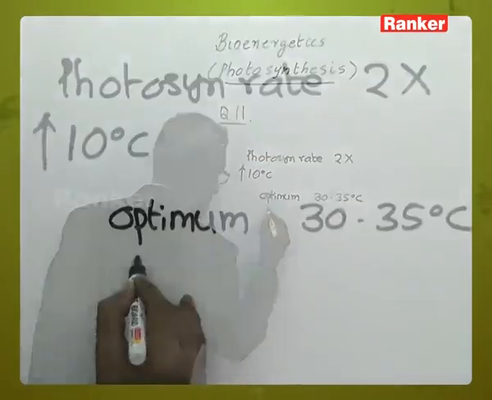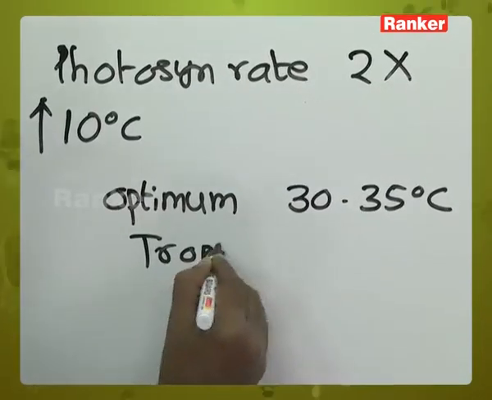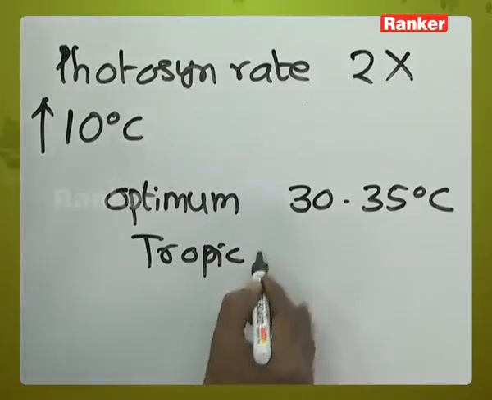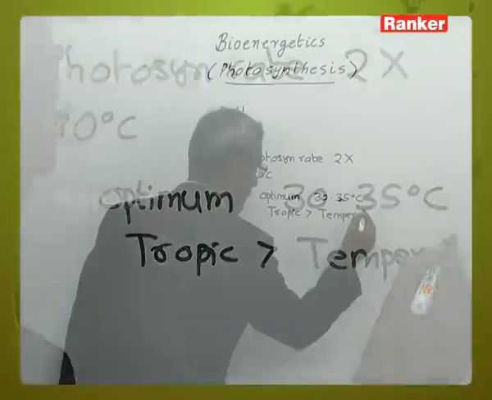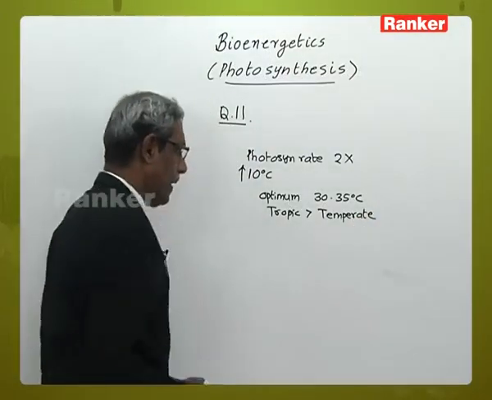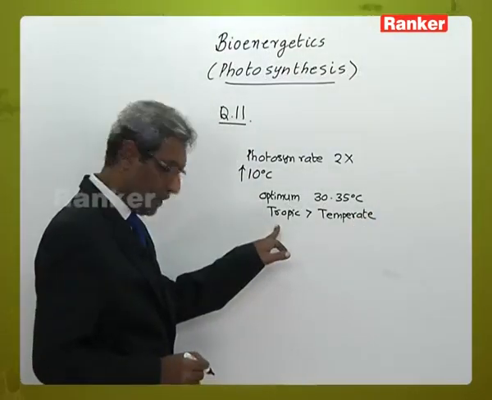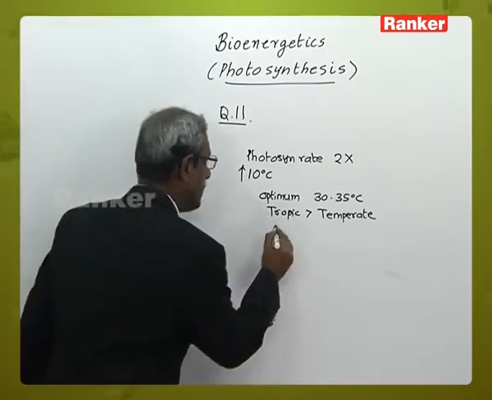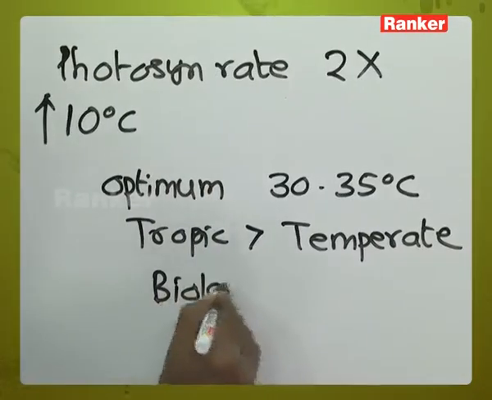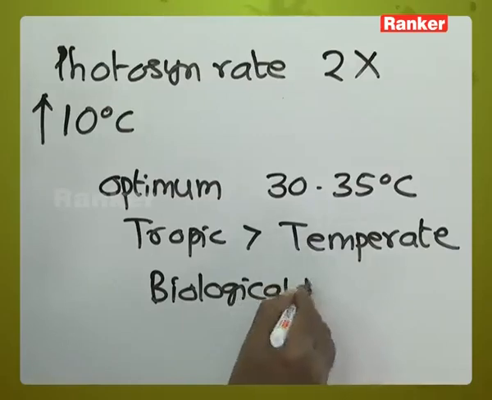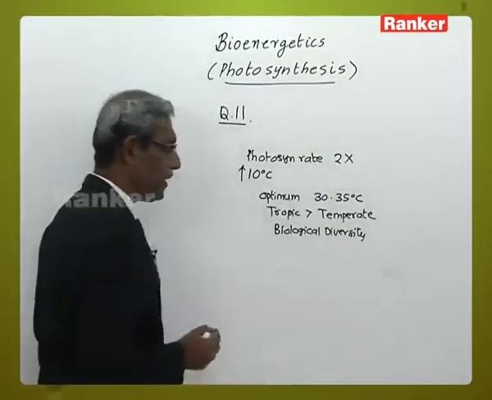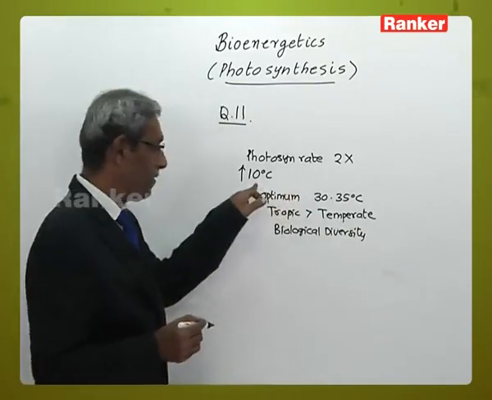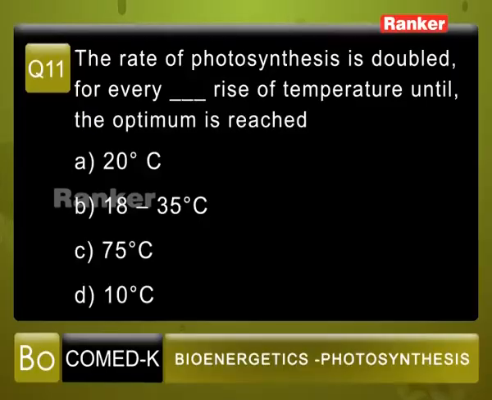That's one of the reasons why tropical plants are more productive than temperate plants, and the tropical regions are rich with relation to biological diversity. So photosynthetic rate always gets doubled whenever there is an increase of 10 degrees centigrade. Hence, the answer is D.